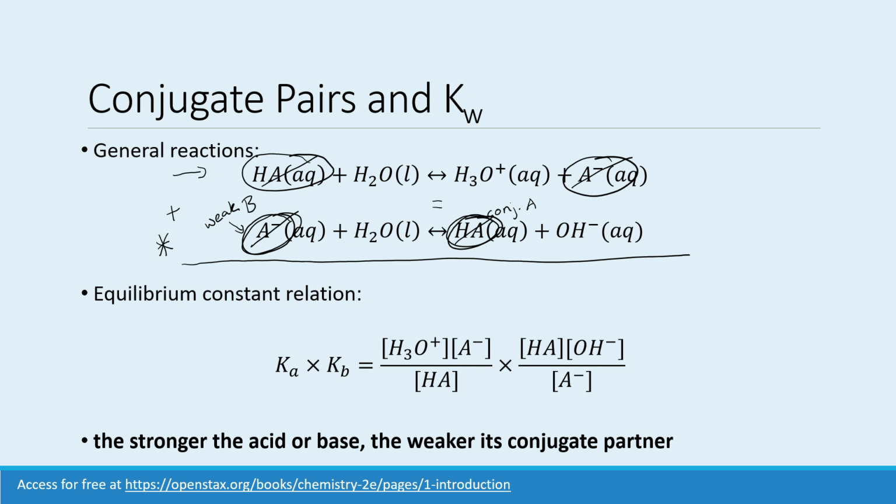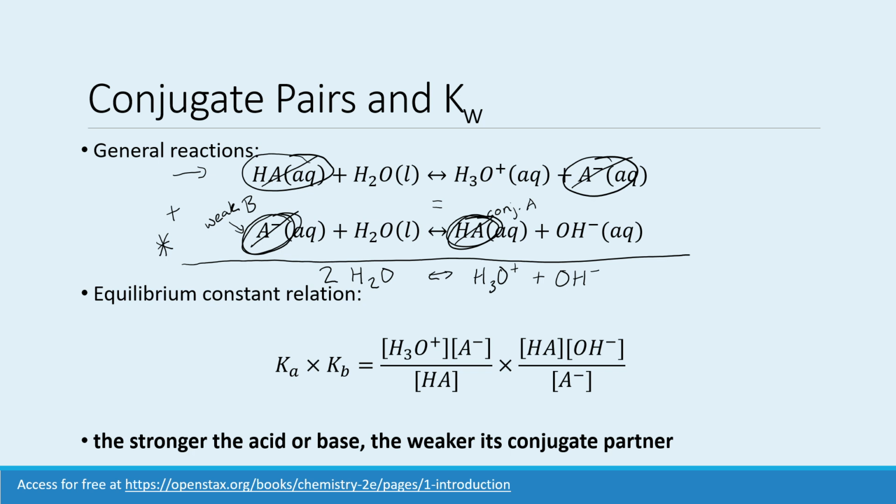Okay, and so what we're left with is two water molecules, two H2O, leaving out the phases for a moment, will give you the hydronium ion plus the hydroxide ion. Okay, and so we'll remember that that is the reaction that we use to form our original Kw value for water.